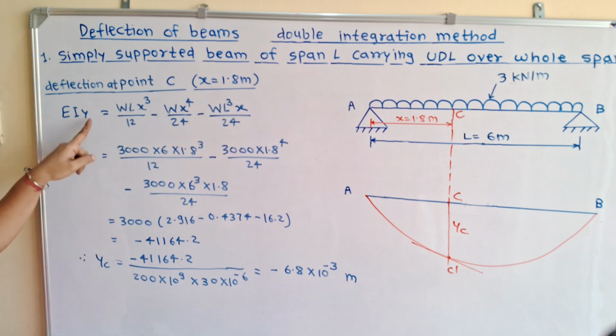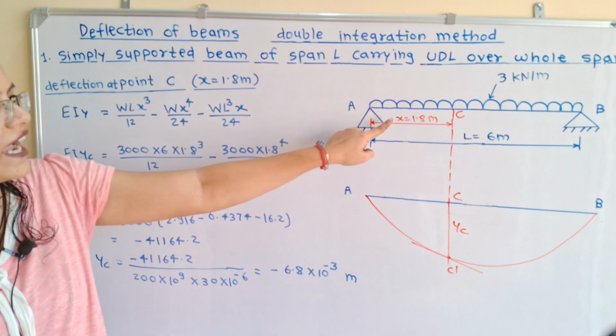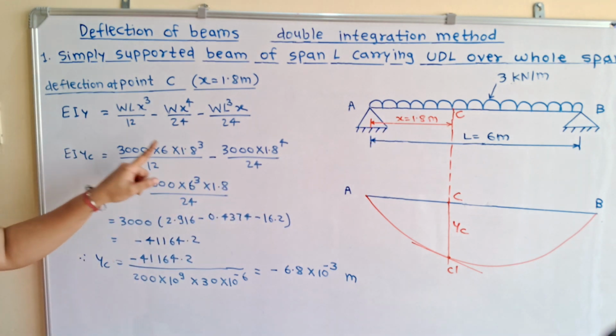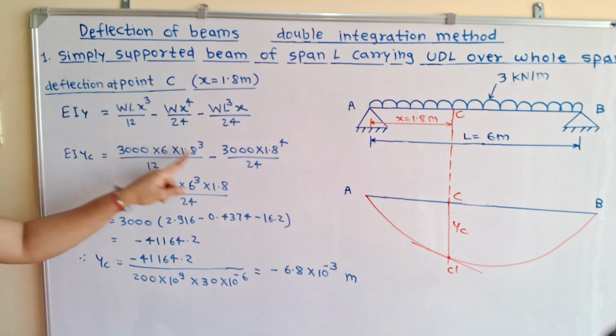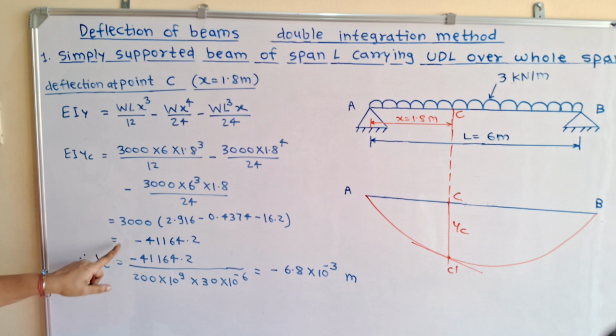Now if we put y is equal to yc, then we put x is equal to 1.8 and L is equal to 6 and W is equal to 3000 Newton per meter. When we put these values, we get the answer minus 41164.2.